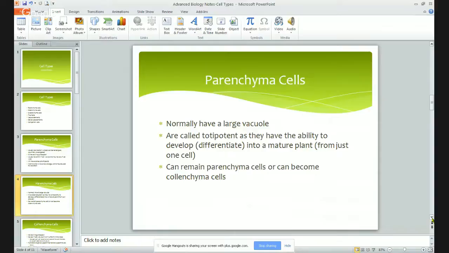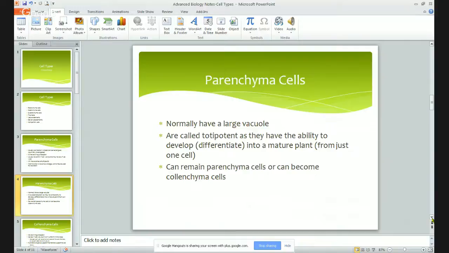Parenchyma cells are often called totipotent because they have the ability to differentiate into a mature plant cell, or sorry, just a mature plant. So you can take one parenchyma cell and it can eventually develop and differentiate into other cells, which would eventually become an entire plant.